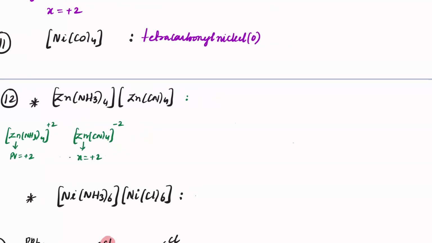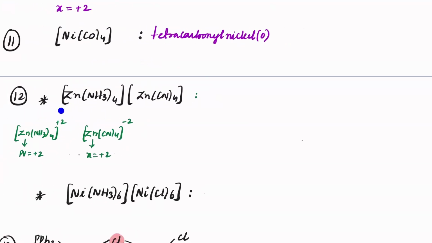So now how do we write that? We write the cationic part first and then the anionic part. In the cationic part within the complex we have tetraammine, A-double-M-I-N-E, tetraammine zinc, okay, with +2 oxidation state.